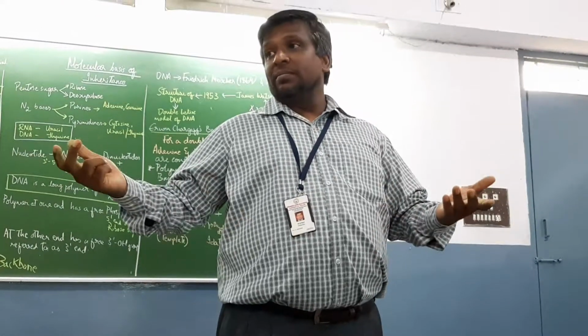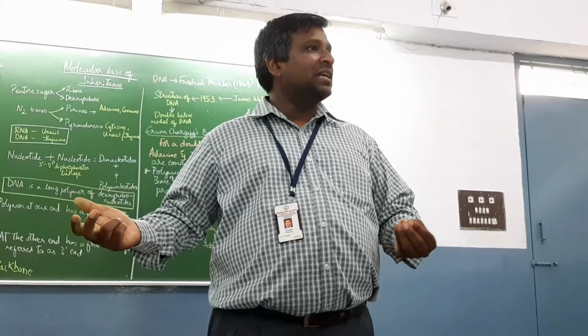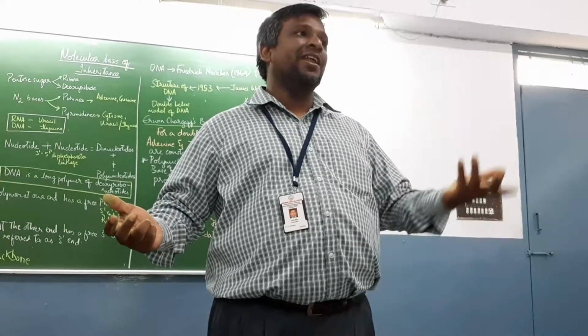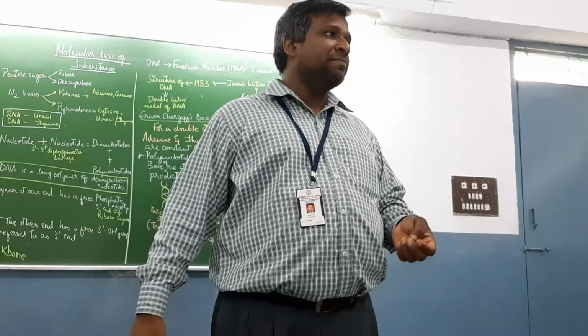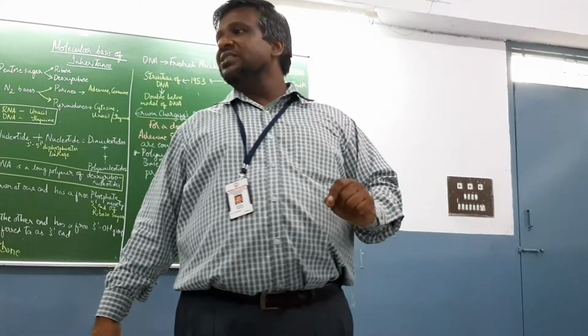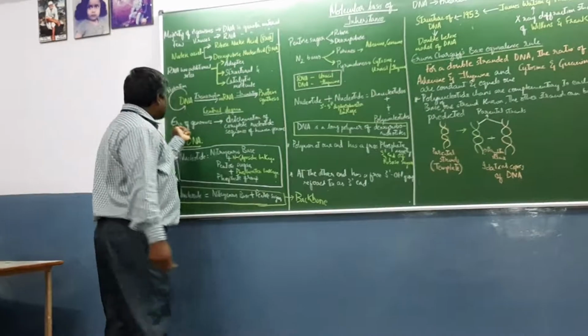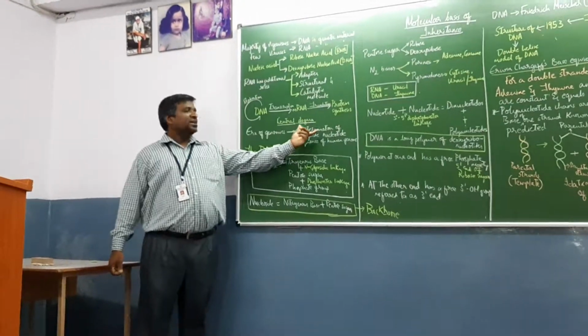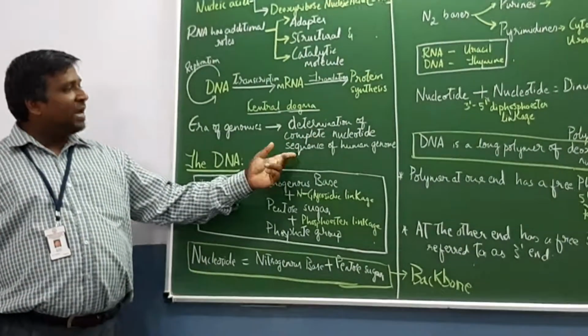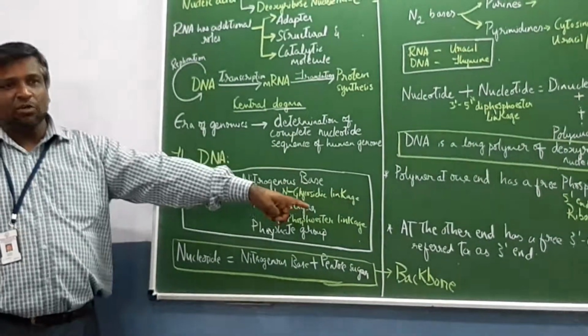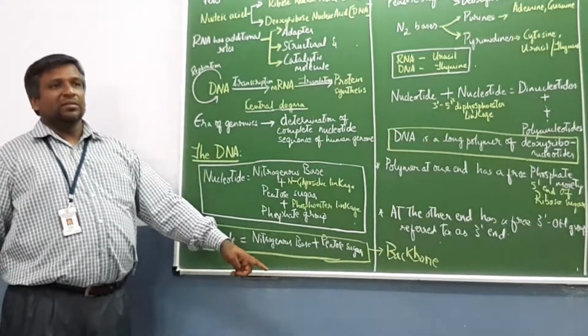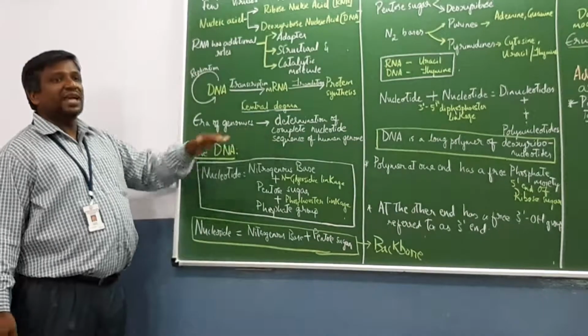So in later stages, another 10 or 15 years, it might be gene therapy. Already gene therapy is taking place. Root cause itself is rectified. So much progress is taking place. The determination of the complete nucleotide sequence of the human genome has happened, so that database we have now.